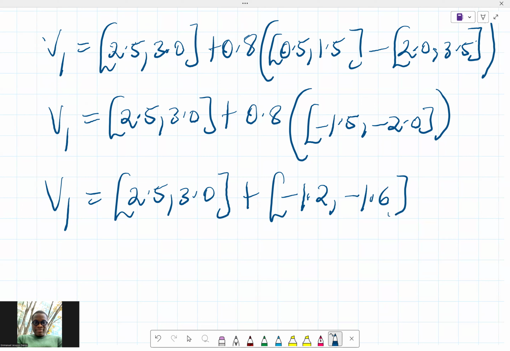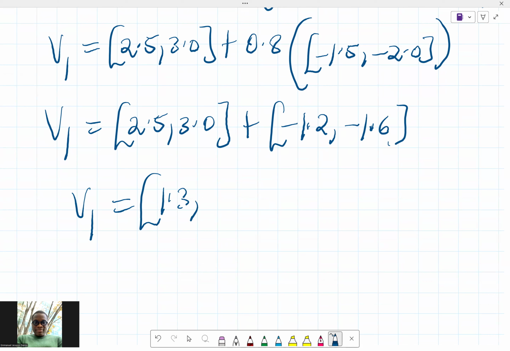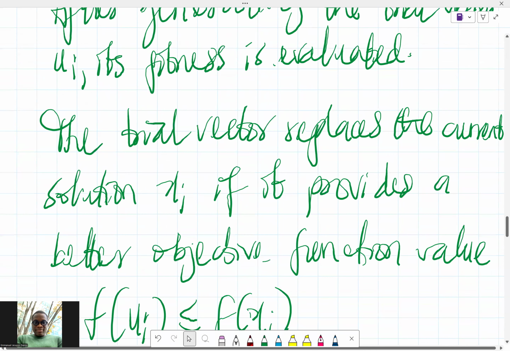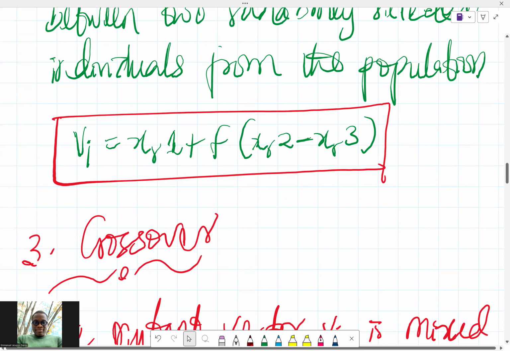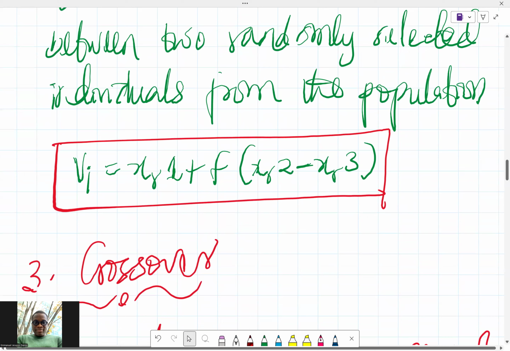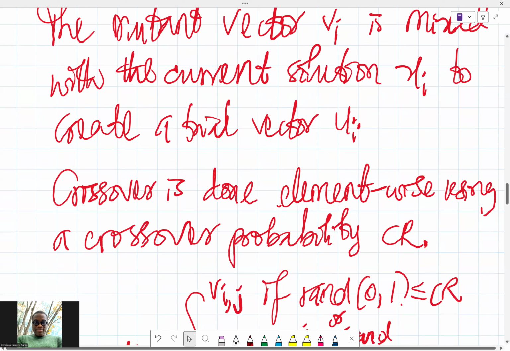So now we have V1 equal to 2.5 minus 1.2, that is 1.3, comma 3.0 minus 1.6. That's 1.3, 1.4. So we have our V right there. Do we remember what V is? It is the scaled difference. Okay. So we have that.